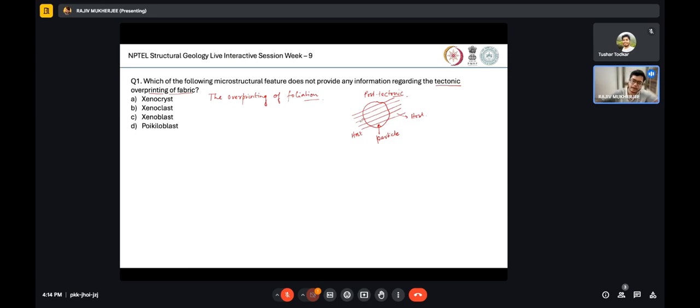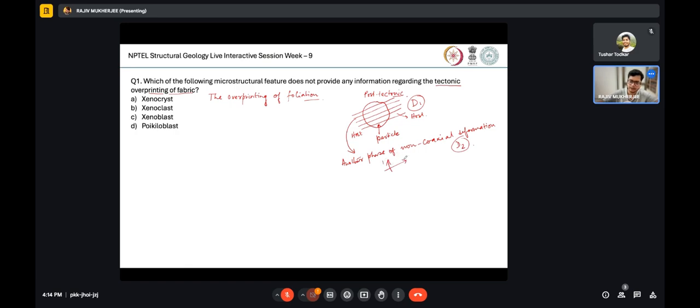Now, the overprinting relation would suggest that if this is a deformation phase, say D1, then we have another phase of non-coaxial deformation, let us say D2, which may suggest that this would run perpendicular to D1.